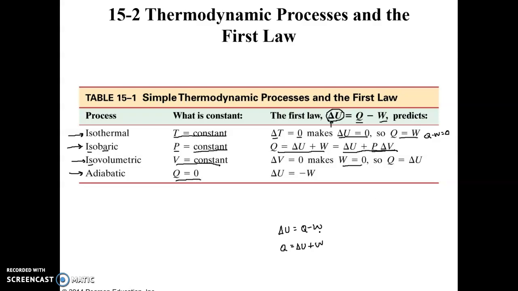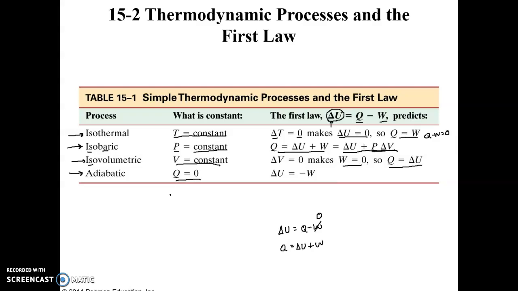So if we look at our first law of thermodynamics, delta U equals Q minus W. If W is zero, then delta U equals Q. The W just goes away, and so we've got Q equals delta U. All right, we'll tuck that away in the memory banks.